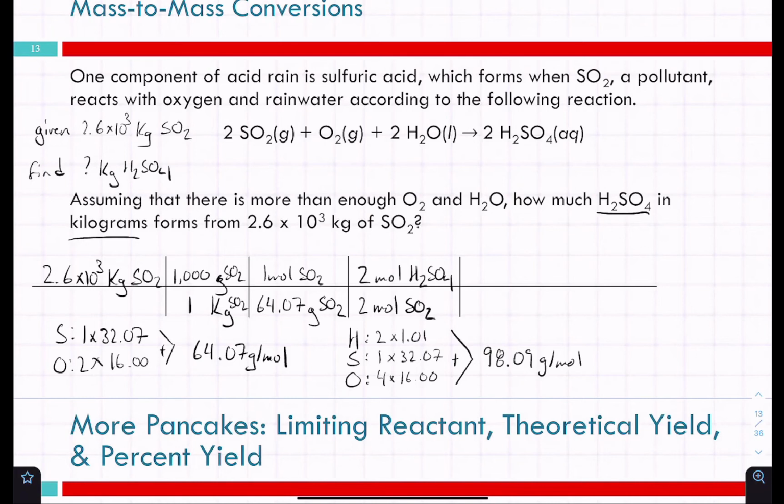So put the 98.09 grams of H2SO4 on top and the 1 mole of H2SO4 on the bottom.